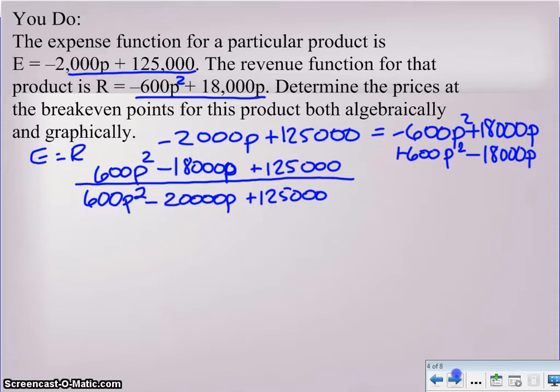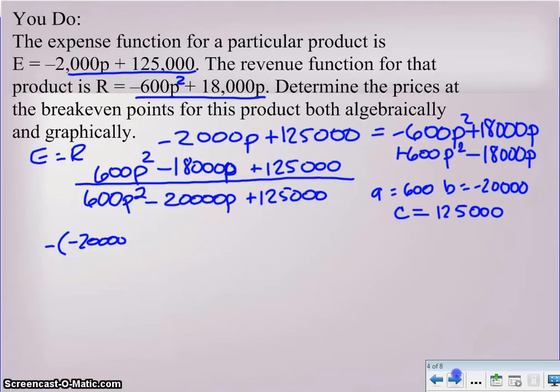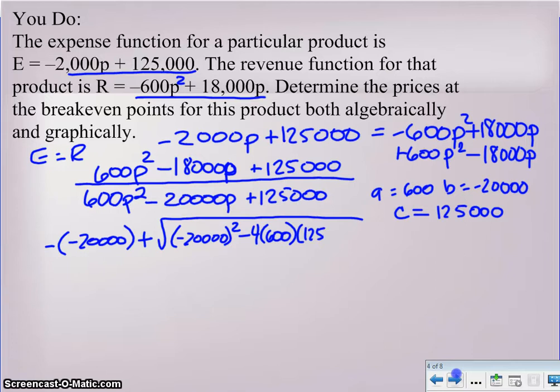Now plugging it in, A is 600, B is negative 20,000, and C is 125,000. Plugging those values in, I get negative negative 20,000 plus the square root of negative 20,000 squared minus 4 times 600 times 125,000, all over 2 times 600.